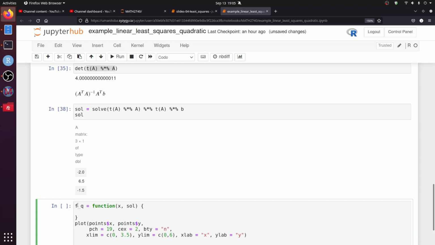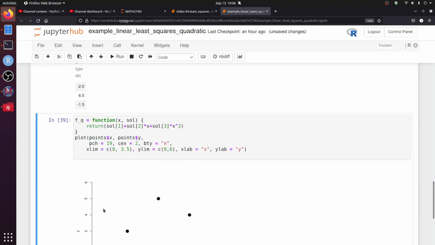And what is it going to do? It's going to return the value of solution of 1, which is A0, so sol of 1, plus sol of 2, this is A1, times x, plus sol of 3 times x squared. So if I provide a value or values of x to this function, I'm going to get f of x equal to the quadratic. What values of x do I want?